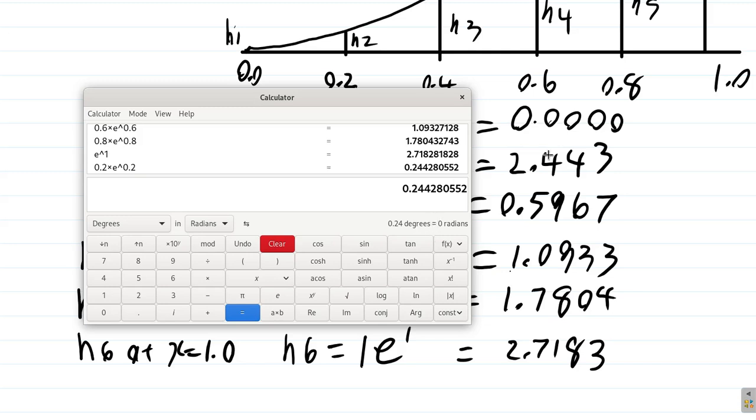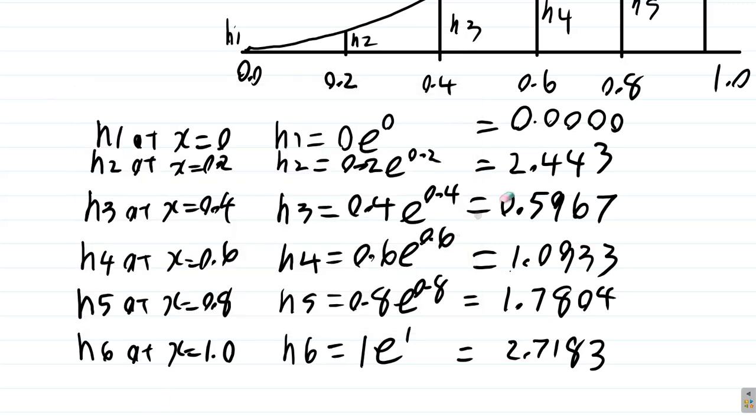Oh, that's a mistake. I wrote 2.443 something. It was 0.2443. So this should have been 0.2443. Right. So that's that.